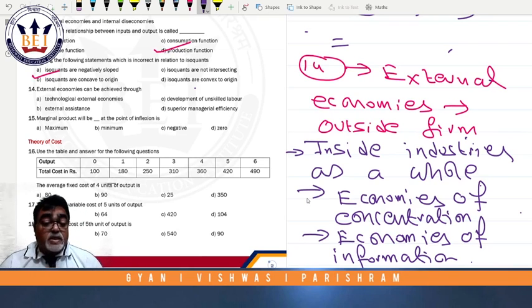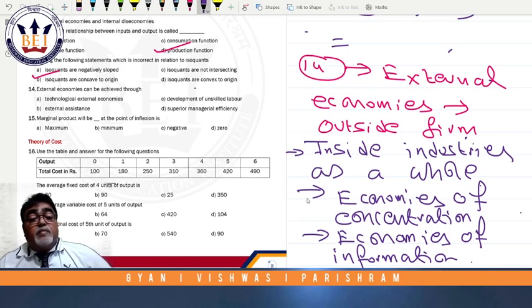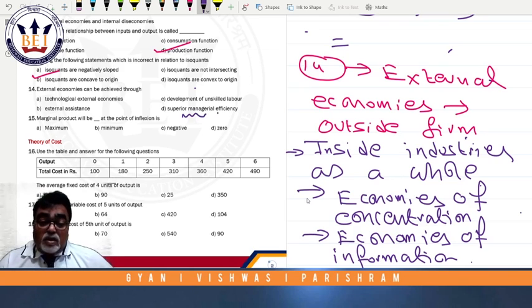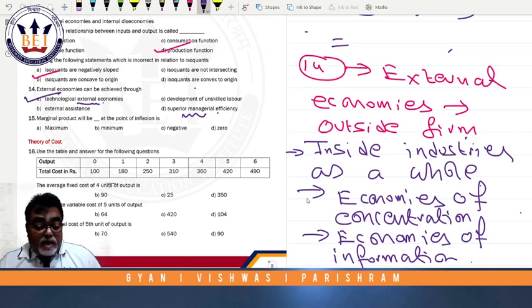External assistance is a vague option, because they have not mentioned which type of assistance. Superior managerial efficiency is exclusively internal economies. Since it is technological external economies, our chosen answer for 14 should be technological external economies.